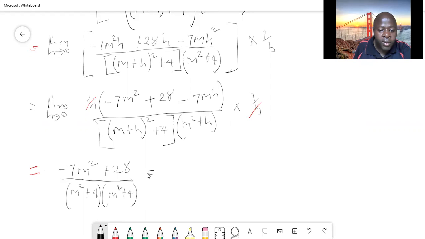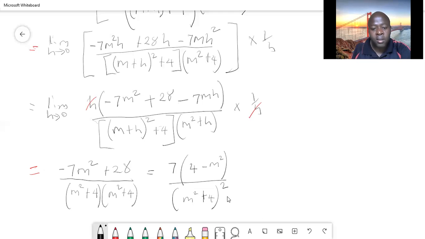We may want to go further and even factorize our numerator and say it is 7 into 4 minus m square over m square plus 4 everything squared. So this becomes the derivative of the function given to us.